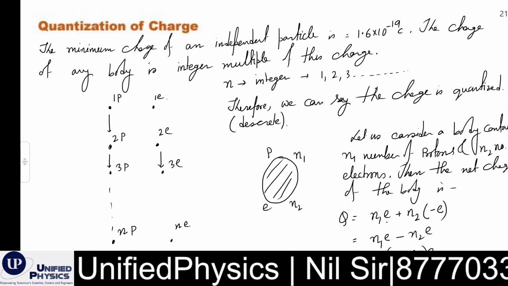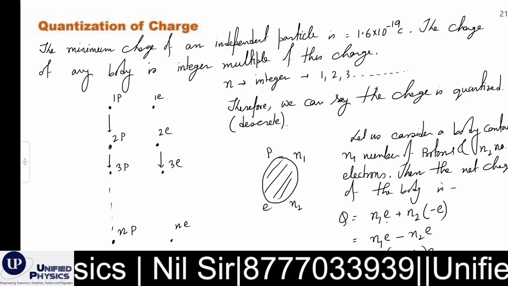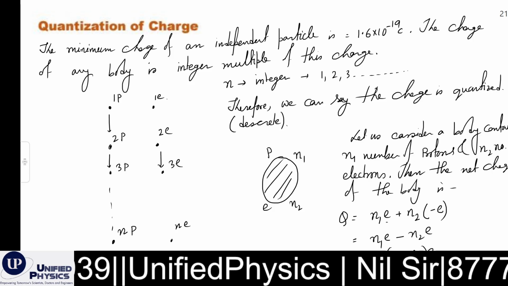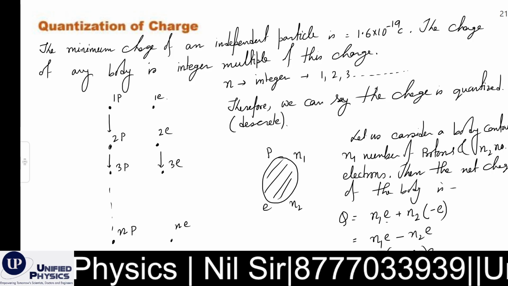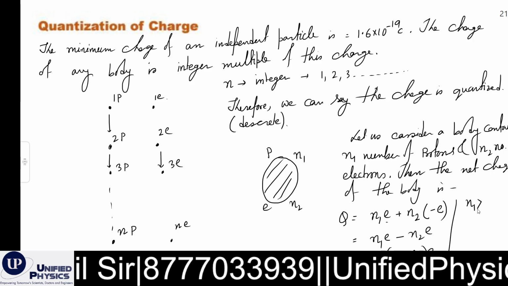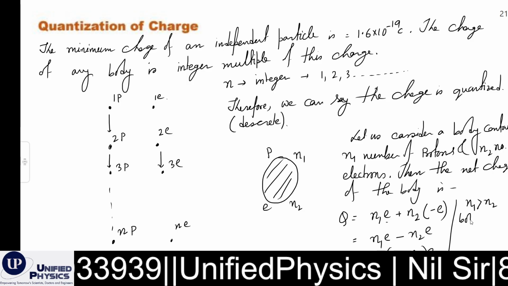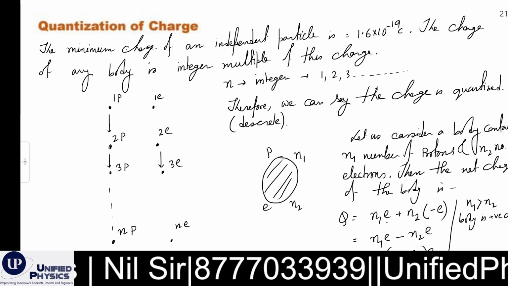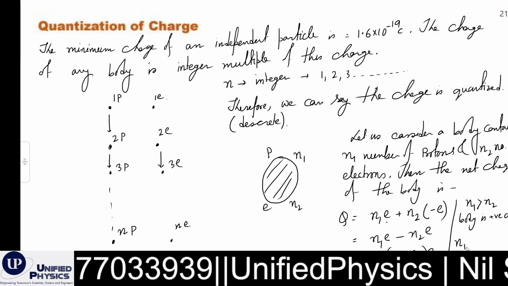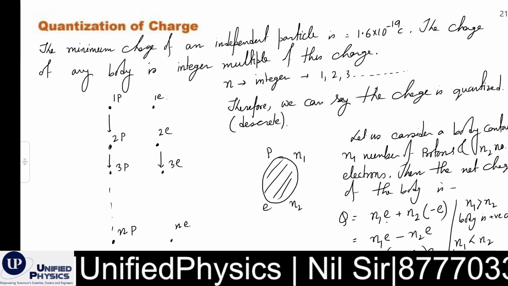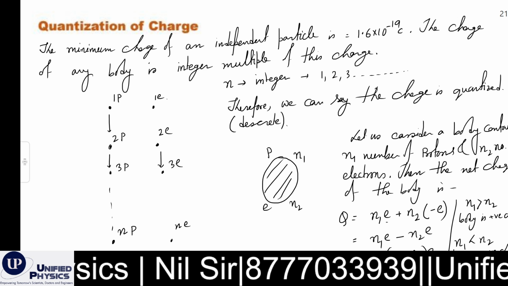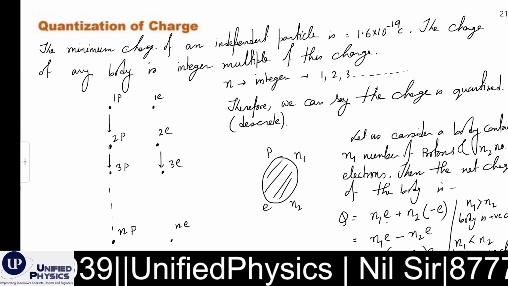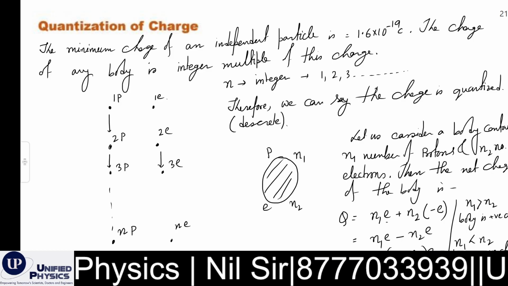If n2 is greater than n1, obviously this body will be negatively charged, and if n1 is greater than n2, then the body will be positively charged. If n1 is greater than n2, body is positively charged. If n1 is less than n2, body is negatively charged, right?